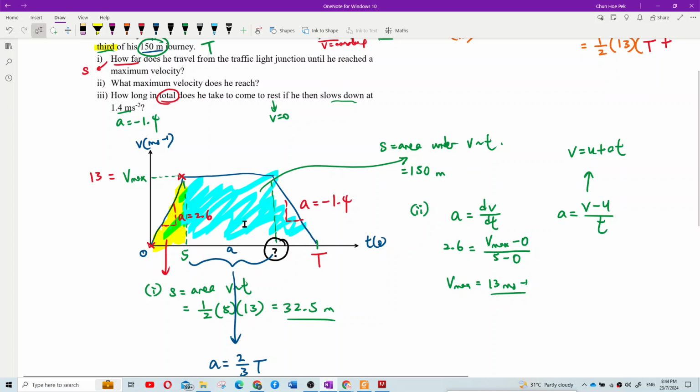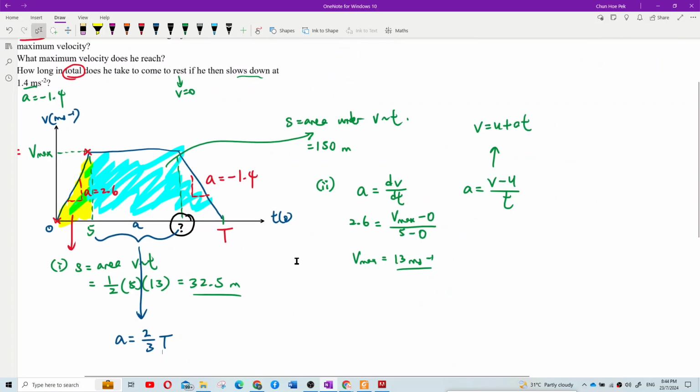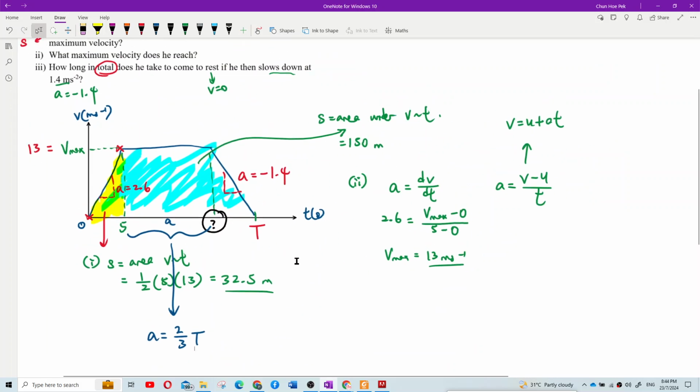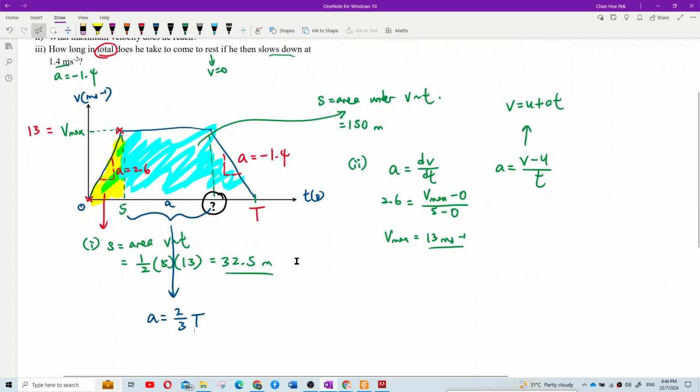Okay, this area is 32.5. That means... Any clue, class? Maybe I want to ask, do you have any clue that can help?